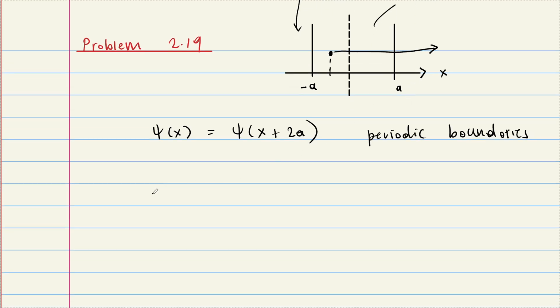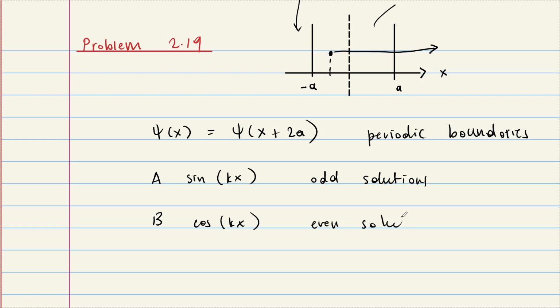What are the solutions? The solutions are A sine kx and, let me call it B, cosine kx. These are odd solutions with respect to the center of the domain, and this is the even solution.